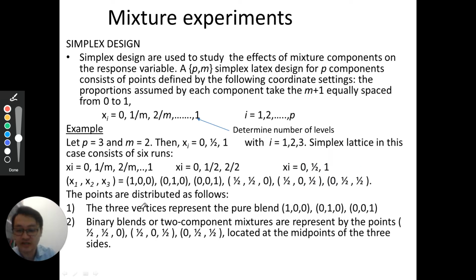So it will actually have 6 experiment runs with these combinations, and these combinations actually consist of pure blend and binary blend. Okay, pure blend is 1 and 0, binary blend is 0.5, half, and 0.5 and 0.